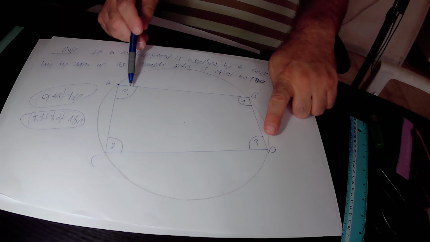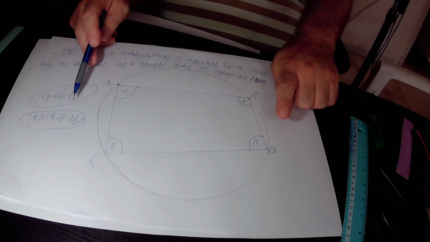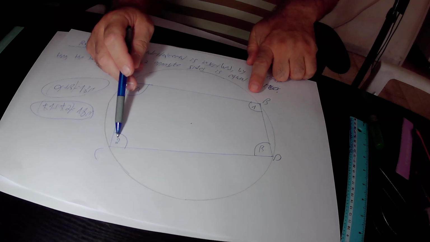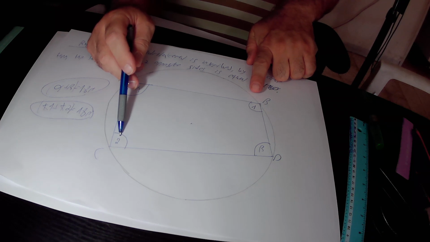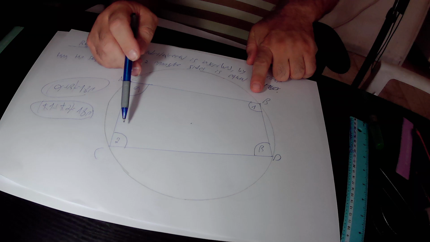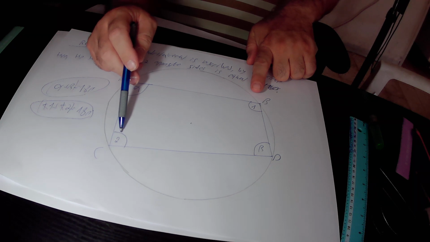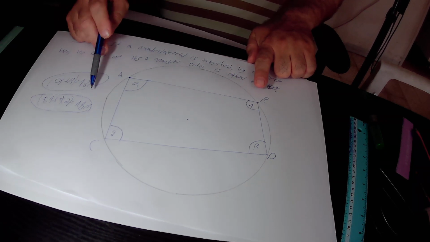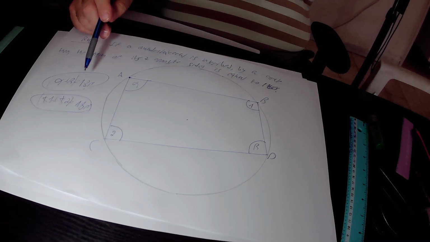That is to say, alpha plus beta is equal to 180 degrees. Likewise, for the other opposite angles of this quadrangle ABCD, the sum of its two opposite angles is equal to 180 degrees. That is to say, angle 1 plus angle 2 must also be equal to 180 degrees.